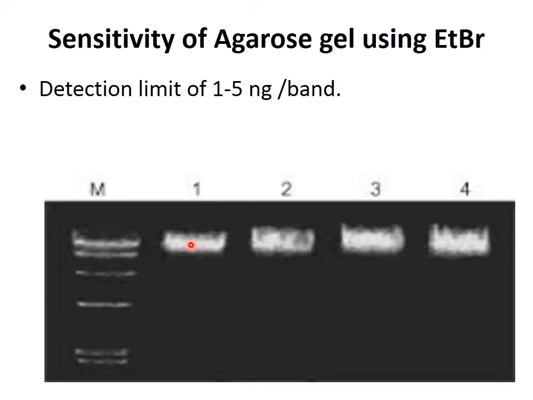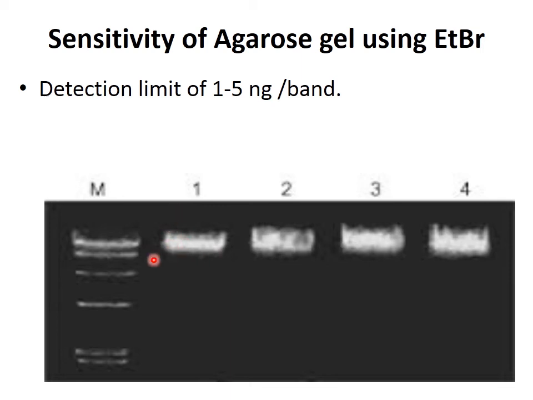For example, let us say that this band is of 10 kilobases, and this one is of 8 kilobases. So we can see that this band of DNA is closer to 10 kilobase. So that means the size of this DNA is around 10 kilobase.